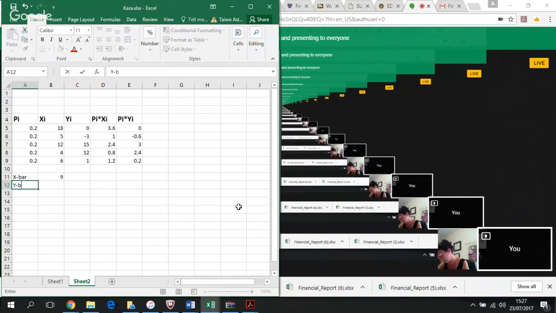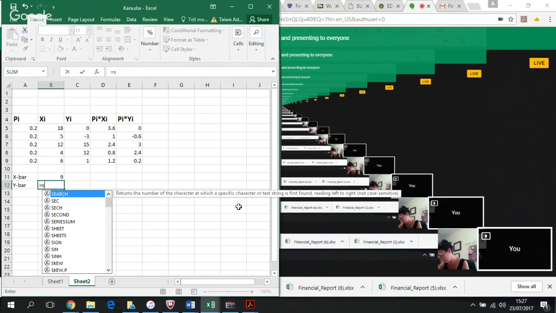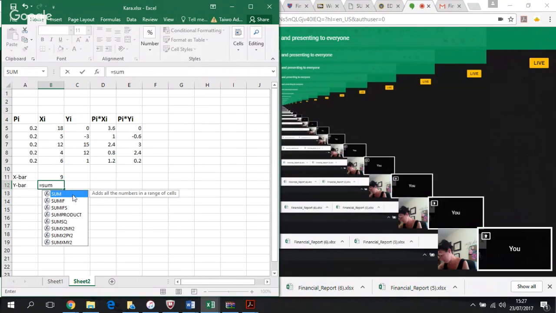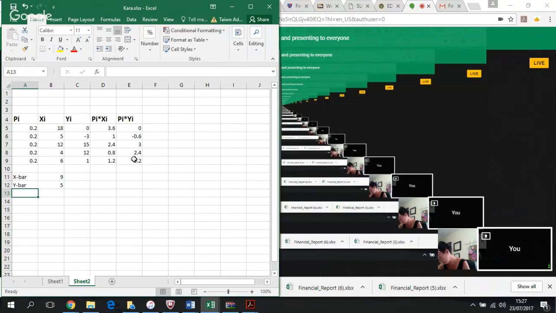So y bar is the sum of the multiplication of this down. Now let's quickly do variance of y, variance of x. Variance of x is x minus x bar, right? Right.